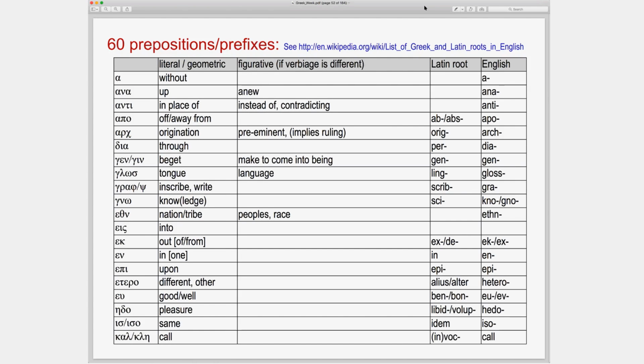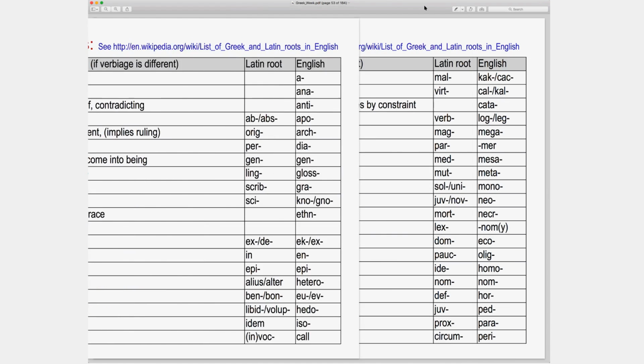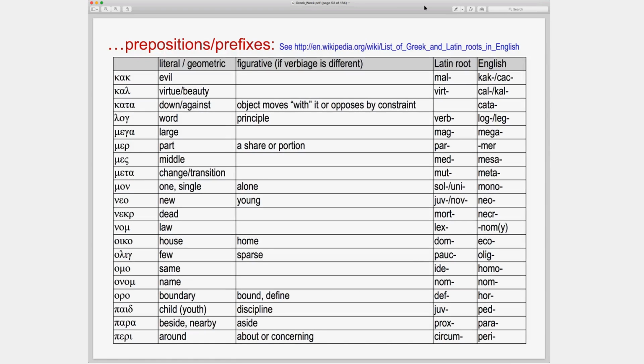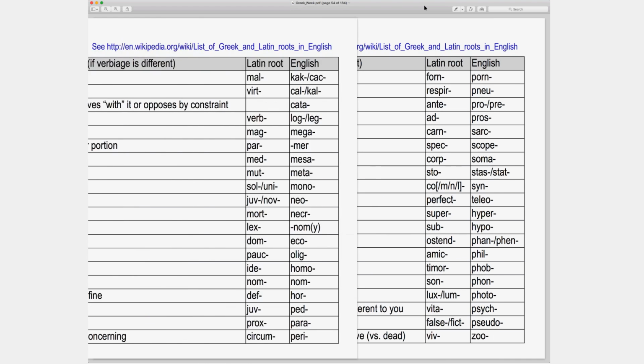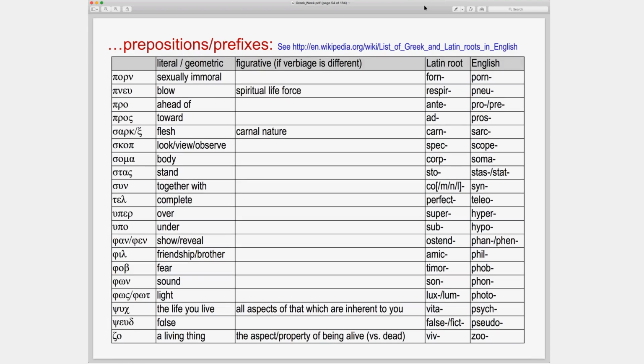Okay, so I'm going to go through that. As I said, I'm going to come back to it. So I wouldn't expect you to memorize this, but you'll recognize a lot of these.